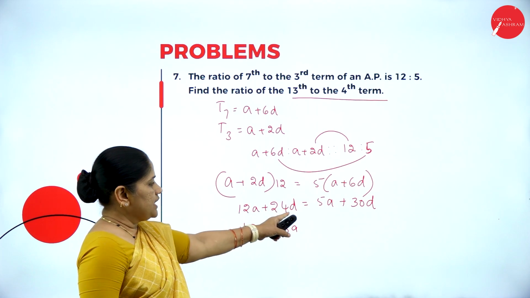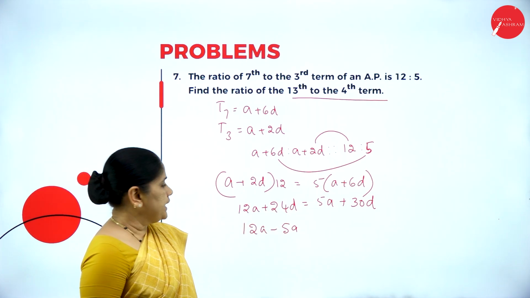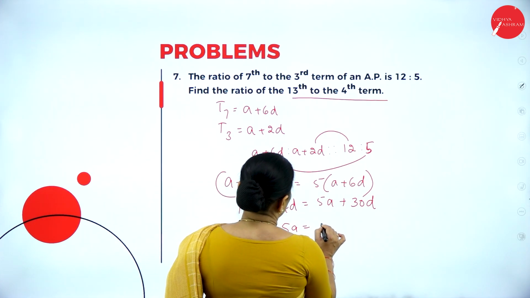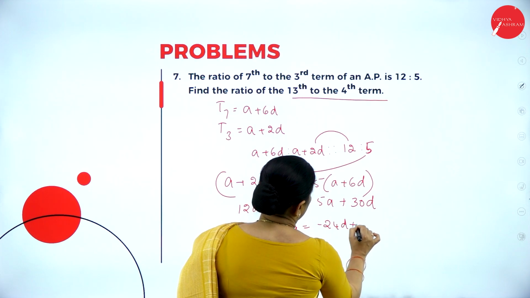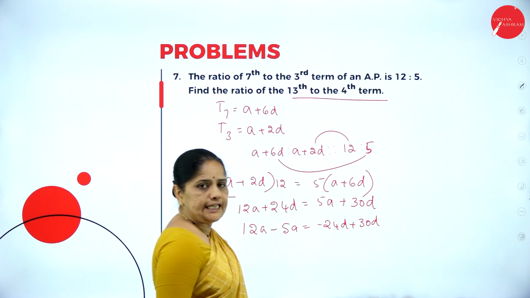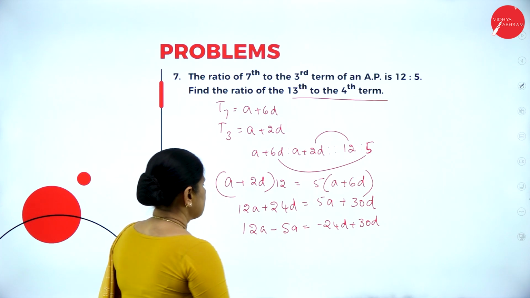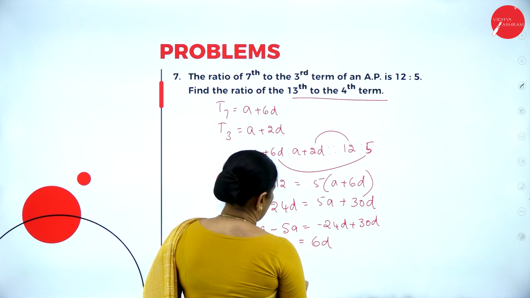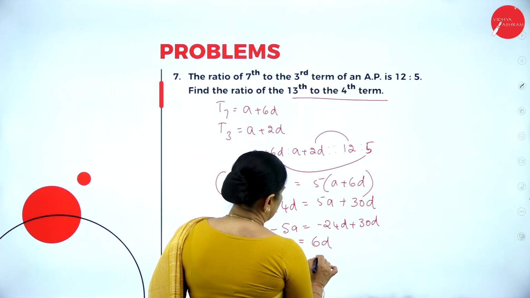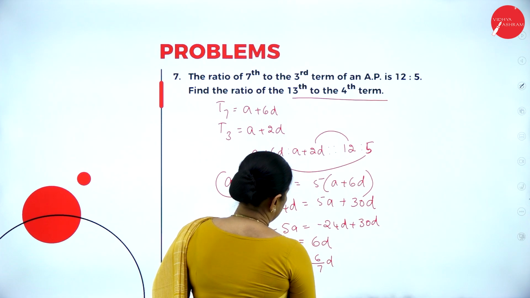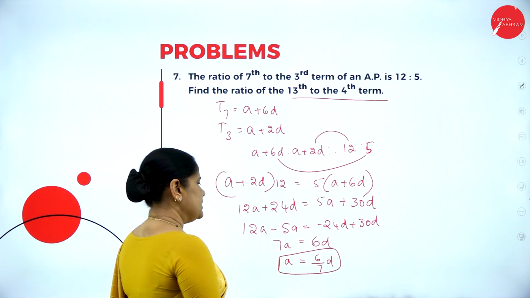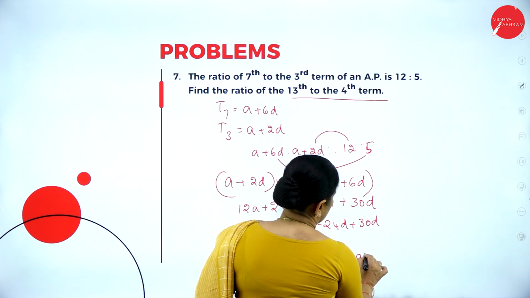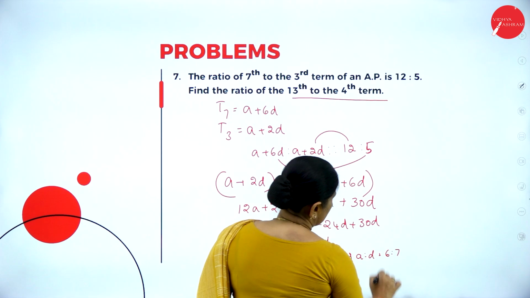Now, 12A minus 5A is equal to minus 24D plus 30D. So, 12 minus 5 is 7A equals 6D. Or A equals 6 by 7 D. Or A is to D is equal to 6:7.